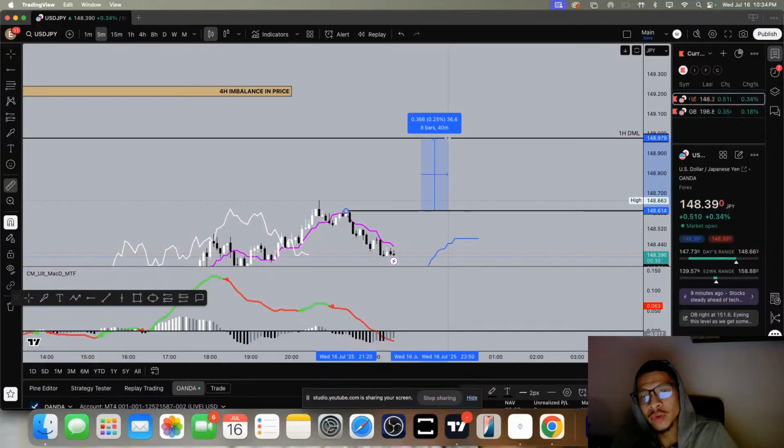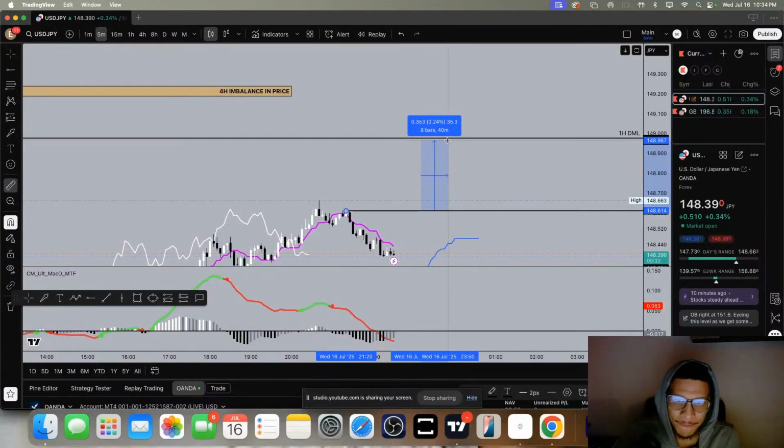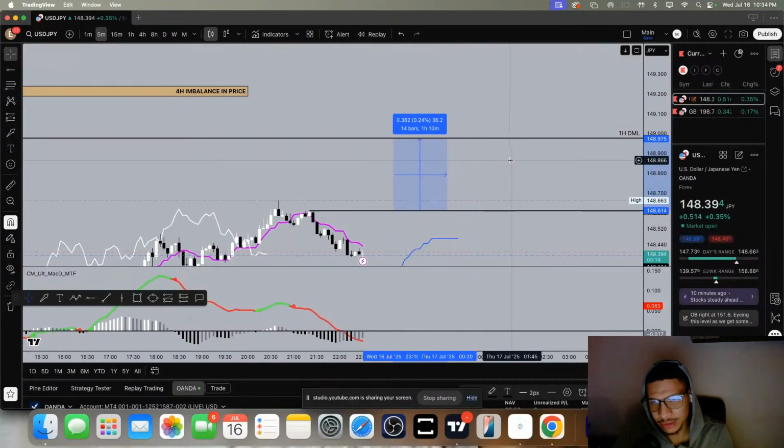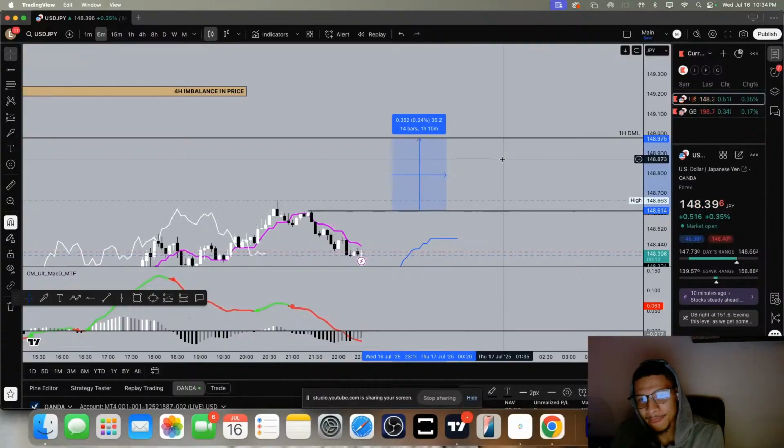But I'm not looking for that move right there, because it's not enough movement for me, and price doesn't have to move all the way to this 1 hour decision making level. Can it? Does it? Yes, it moves to these levels, stops at these levels, then moves sideways. It even moves through these levels, corrects, and then continues upwards. So it's not to say that it can't happen, but it reduces my risk.